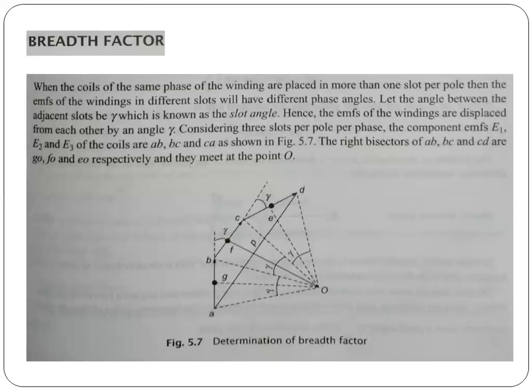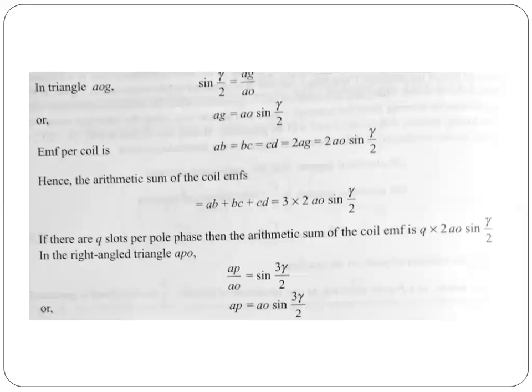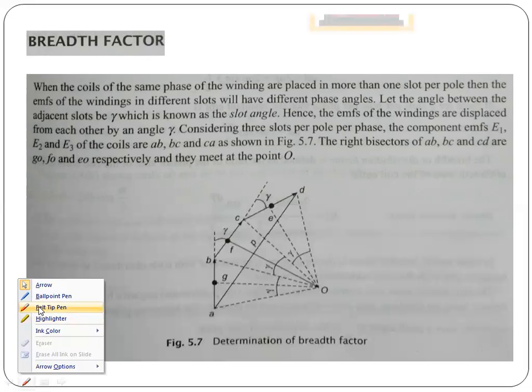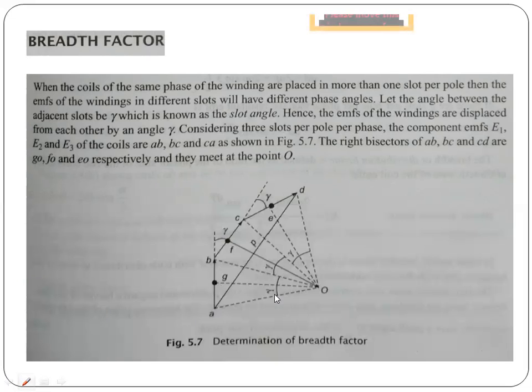So this is the determination of breadth factor, and this has been shown as per the diagram. Now in triangle AOG, see the triangle first, AO and G. This is the triangle AOG, and it is denoted by the angle gamma.